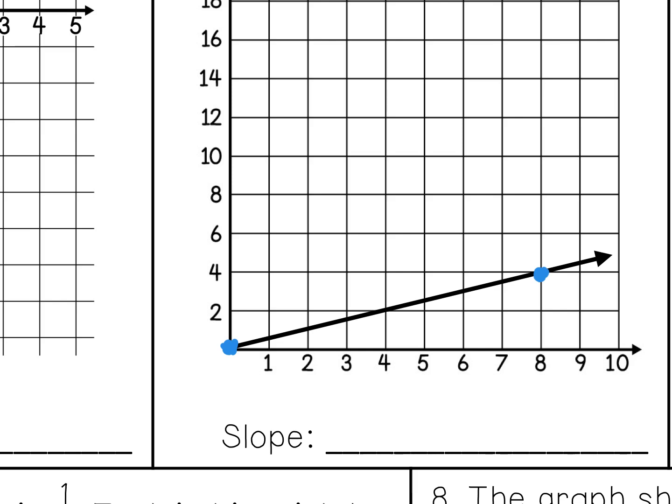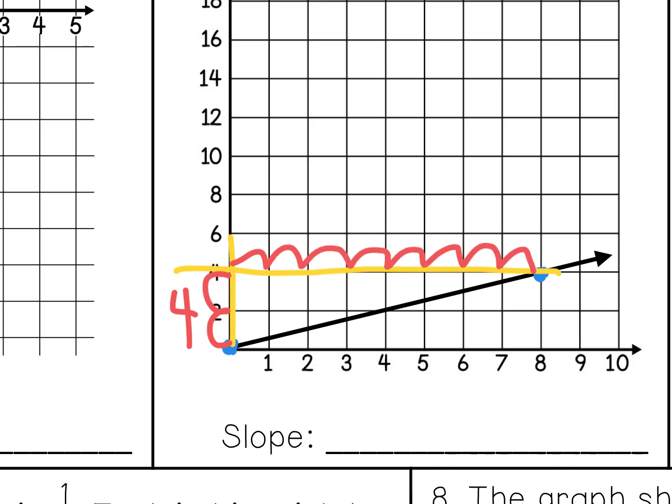So if I go up and I go over, how far up did I go? 4. 1, 2, but they're going by 2s, so that's 4. And then how far did I go in X? This time it is actually 8. So 8.